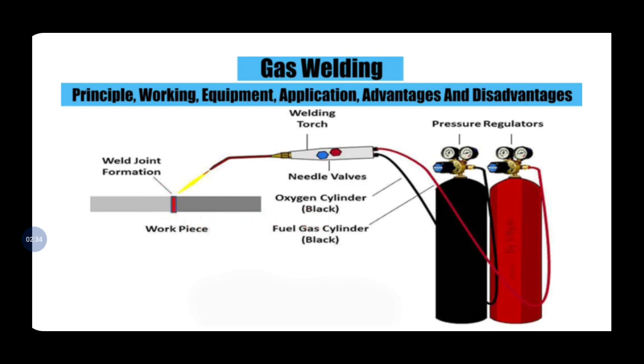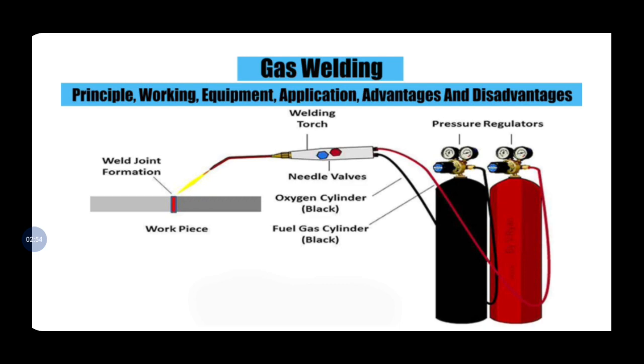So gas welding is a welding process wherein metals are joined, or coalescence, with the help of oxygen and acetylene gas, with the help of a gas flame.